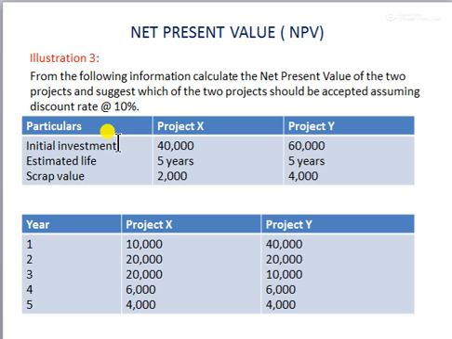Particulars: initial investment 40,000 for project X, 60,000 for project Y. Estimated life 5 years for project X, 5 years for project Y. Scrap value is 2,000 for X, 4,000 for Y. And the cash inflows are given below, 5 years, project X having 5 years cash inflow, project Y also having 5 years cash inflow.